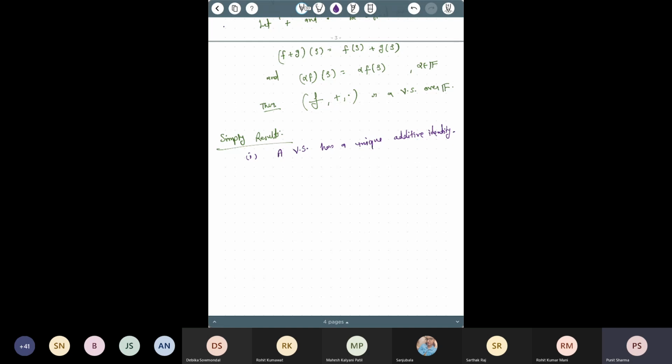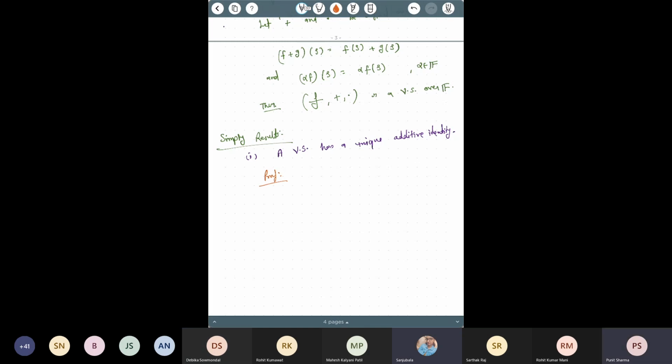So let us prove this. Tell me the proof. You want to say that if V is a vector space, then it cannot have two additive identities. It will have only a unique additive identity. So how would you prove this? By contradiction.